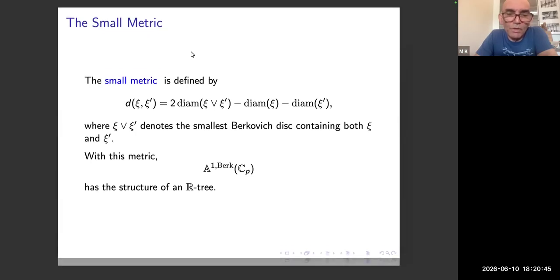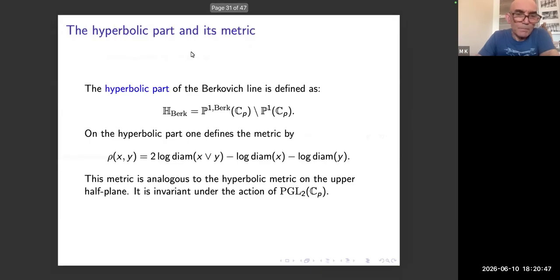Okay, so this is one thing we use. And there is a part of the Berkovich line which can be called the Berkovich hyperbolic part, which is the full projective line where you take away the boundaries, which are the projective line over Q_p.